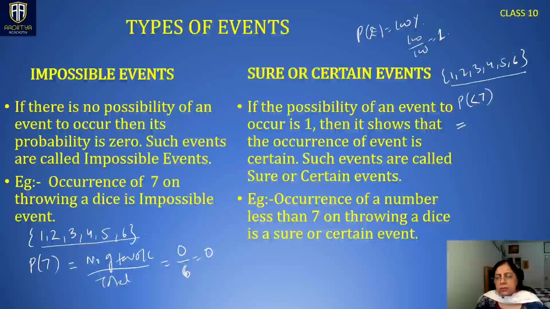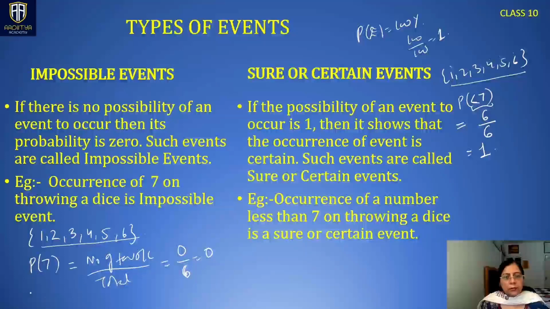We have got 6 different elementary events, and all are satisfying this relationship. All the numbers are less than 7. So all of them become the favorable outcomes. So the favorable outcomes here are 6, and total outcomes are also 6. So the probability of this event becomes 1.